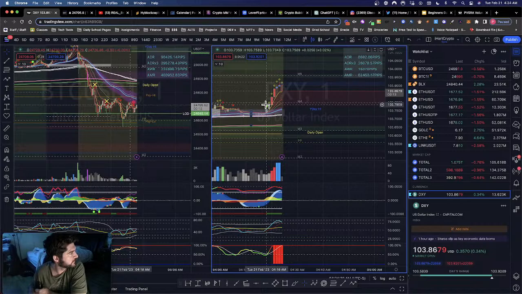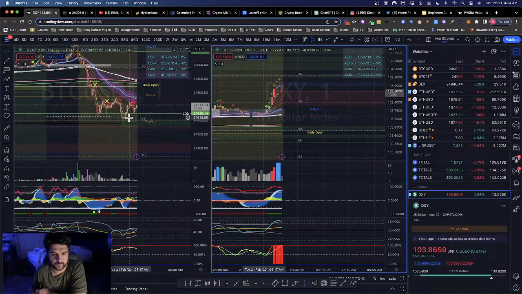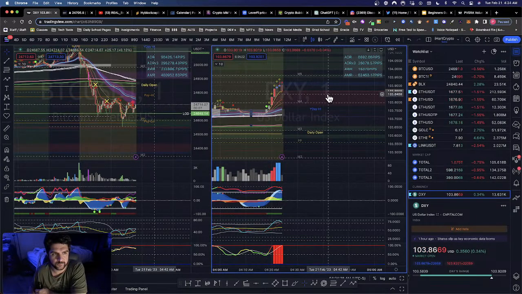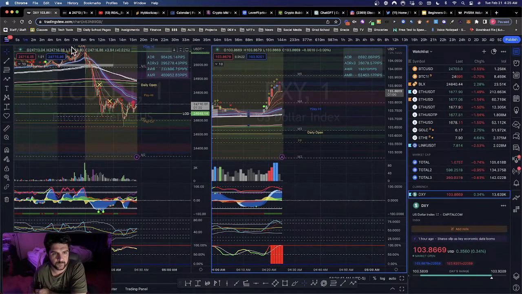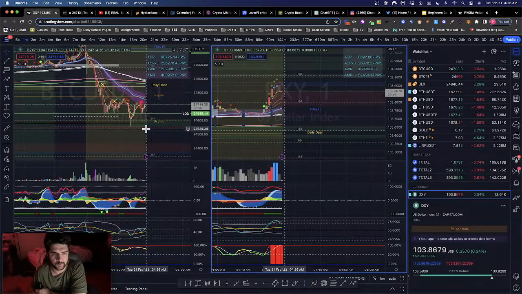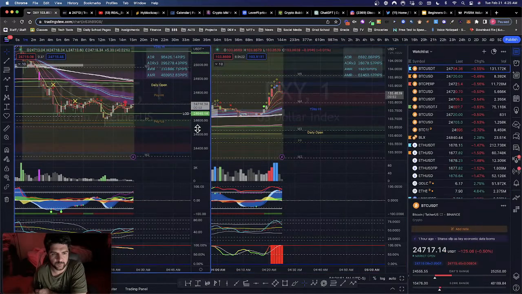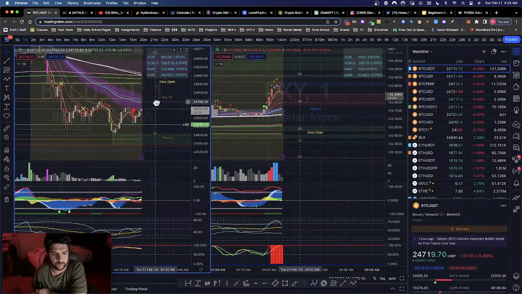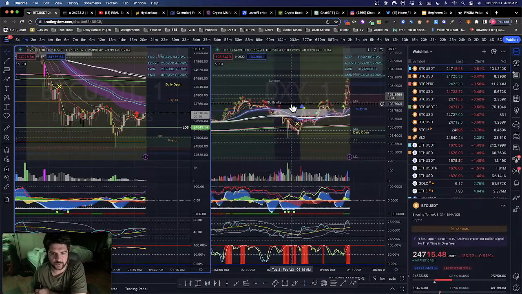Stalling. Oof. This looks freaking bullish AF.